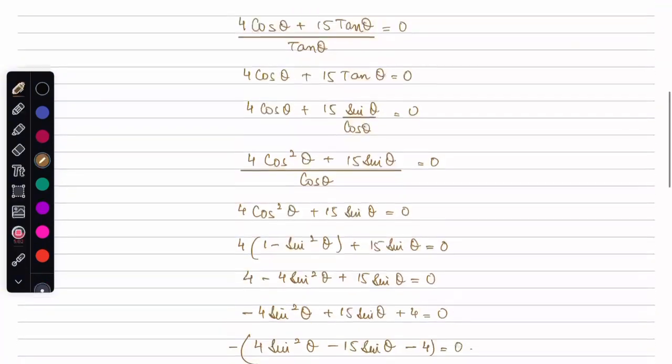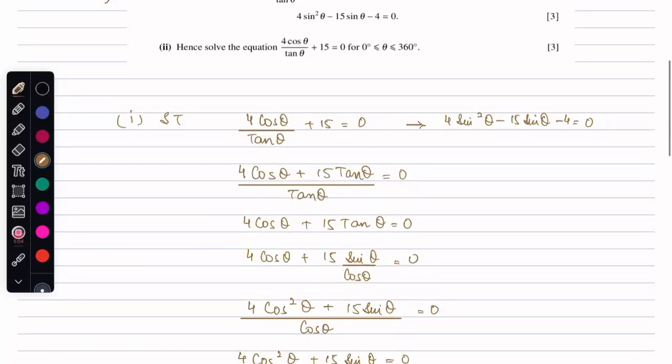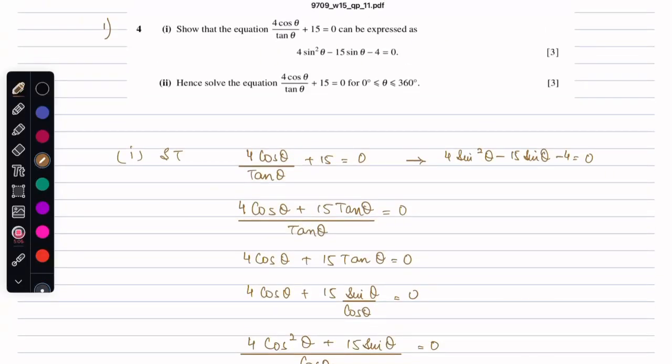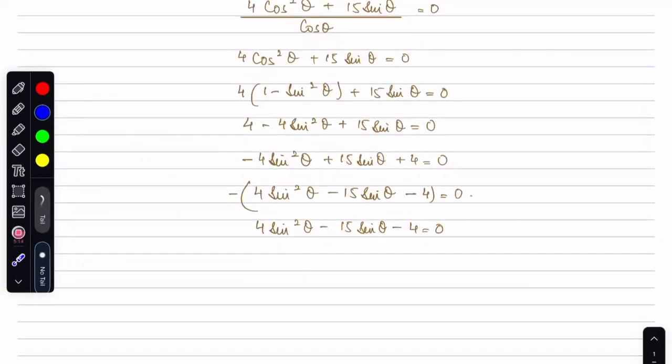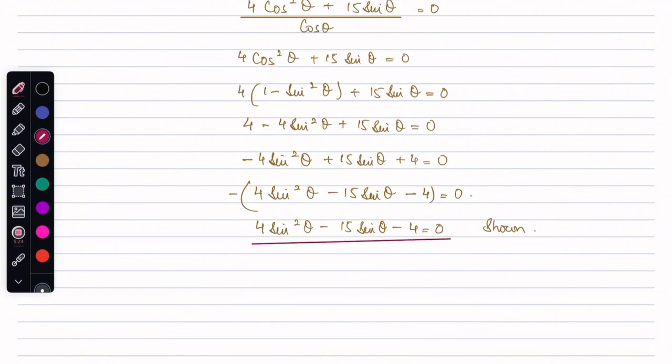So this is what we wanted in the equation, and we have obtained the result. Therefore, in the end, I should simply write that it is shown here. So this is how we need to do the first part for this equation.